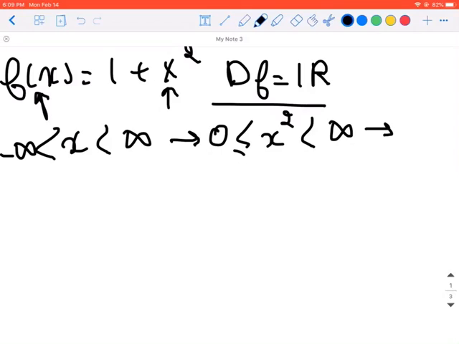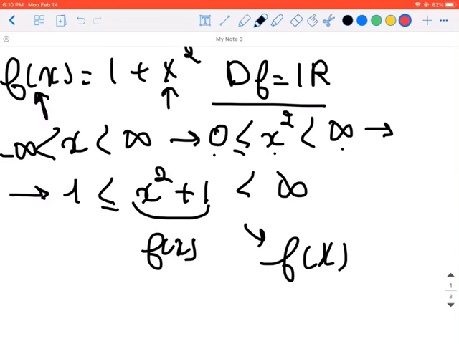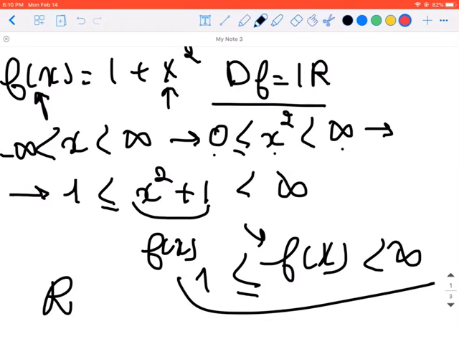If we add 1 to the three terms, we get that x squared plus 1 is between 1 and infinity. Okay, and this is f of x. So f of x is between 1 and infinity. This is the range of the function.